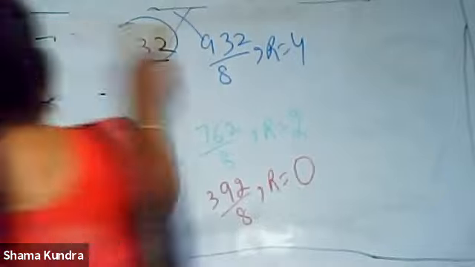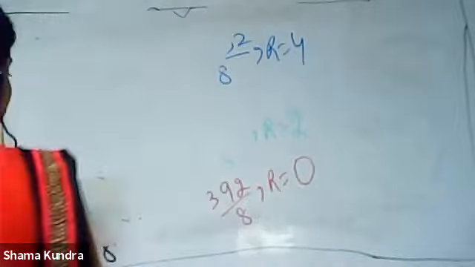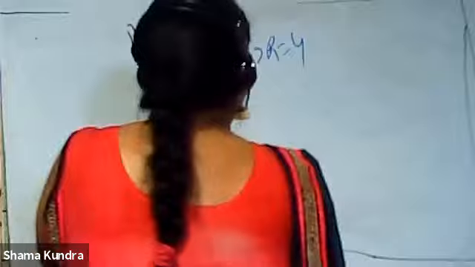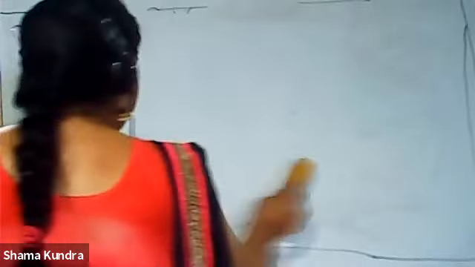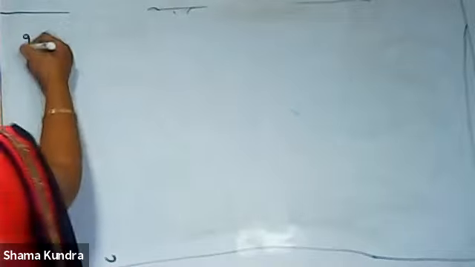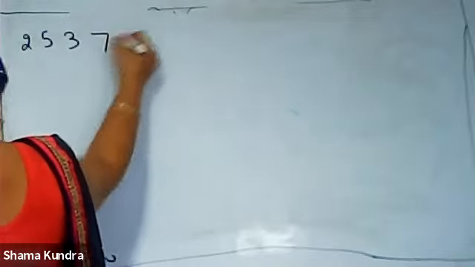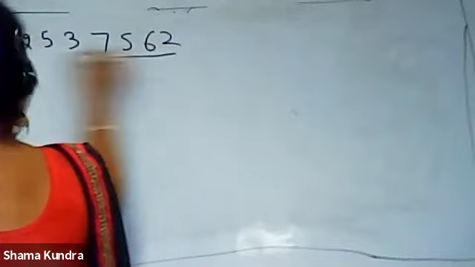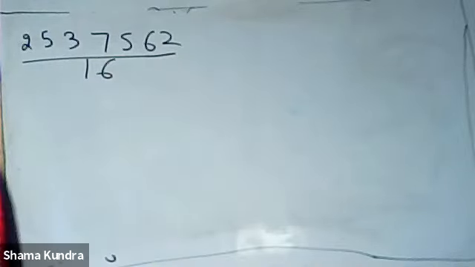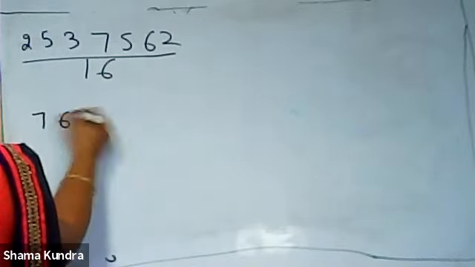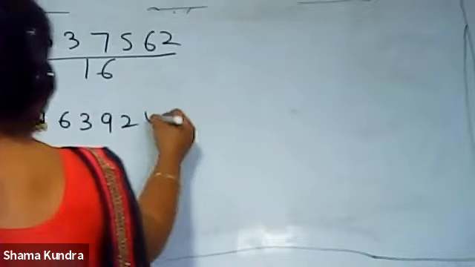Now I will take some examples based on the divisibility rule for 2 raised to power 4, or 16. Suppose the given numbers are 2537562 and 7639247.